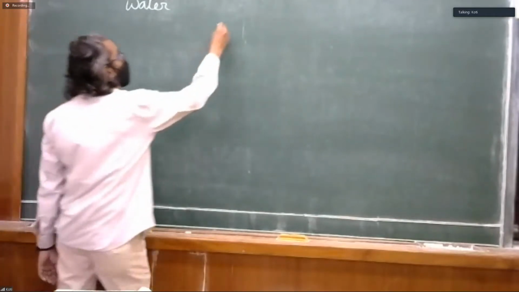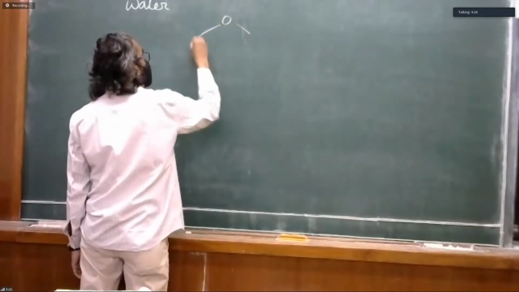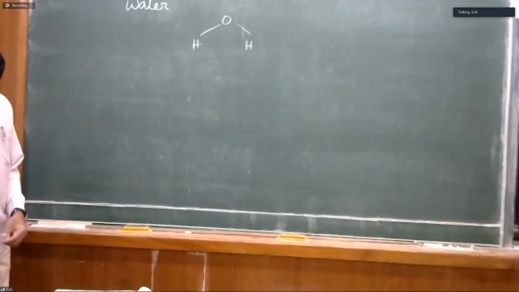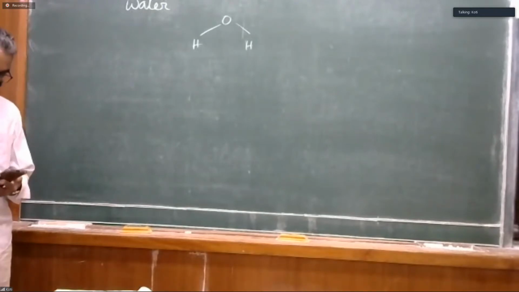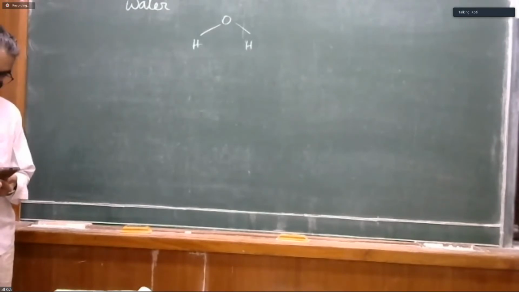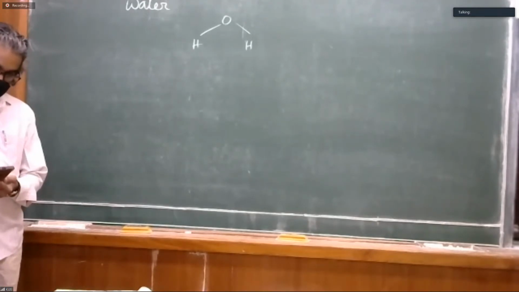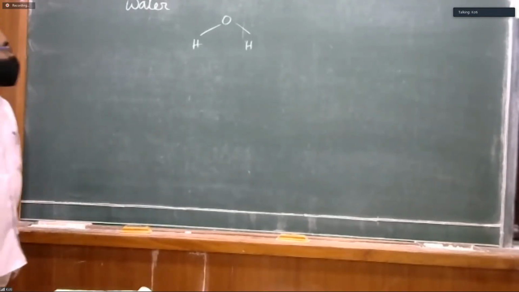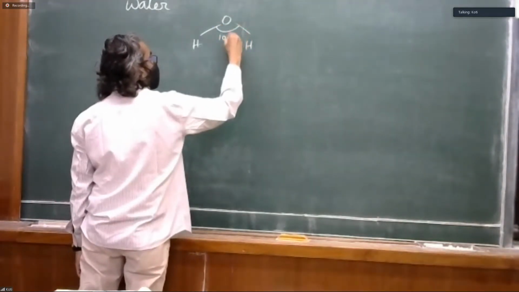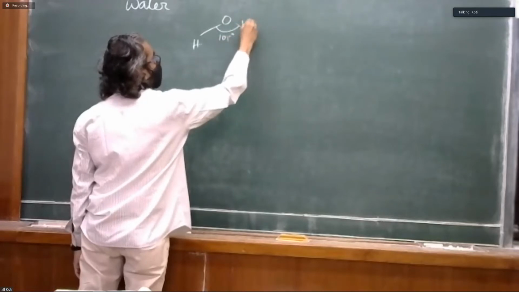Water is a triatomic molecule consisting of two hydrogens and an oxygen. The bond angle is roughly 105 degrees, and the bond length is roughly 1.3 angstrom.